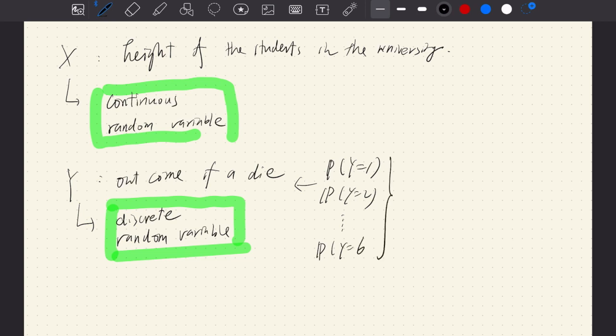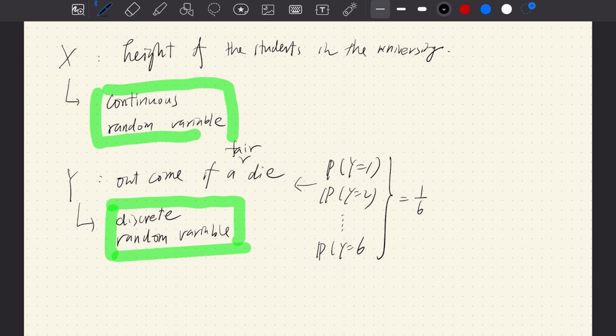And we know that these probabilities are all 1 over 6 if the die is fair. So using this description, you have described all the information contained within the discrete random variable, because you know all the probabilities of all its outcomes.